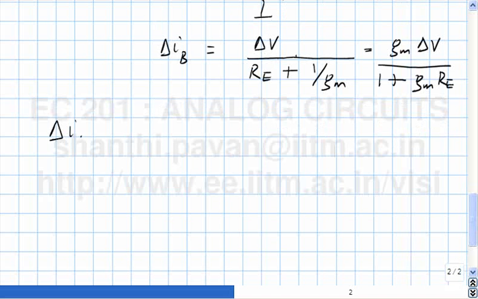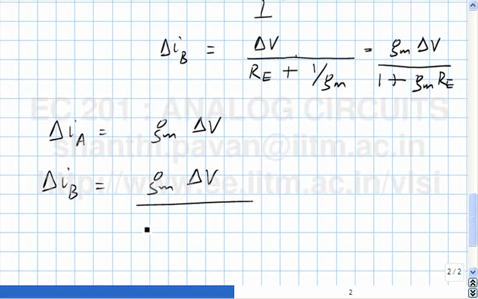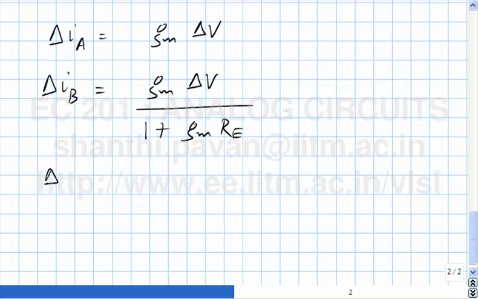To summarize, delta IA is nothing but GM delta V, delta IB is GM delta V divided by 1 plus GM RE, and delta IC is GM delta V divided by infinity.